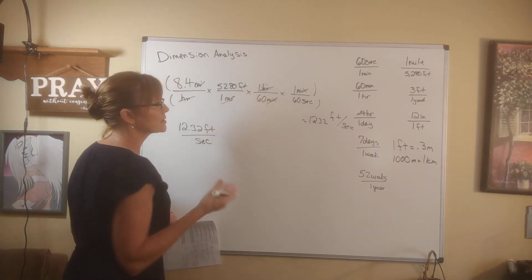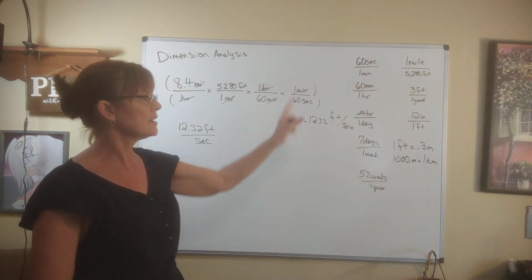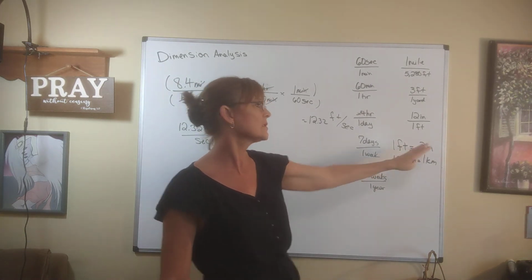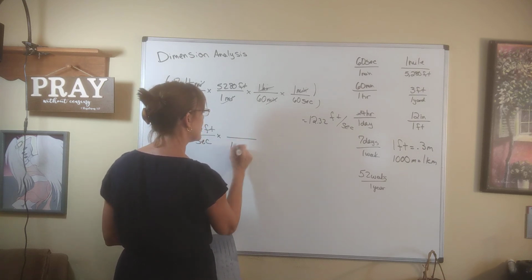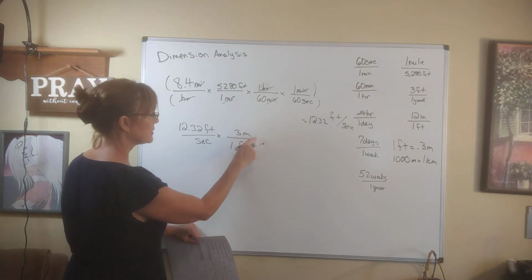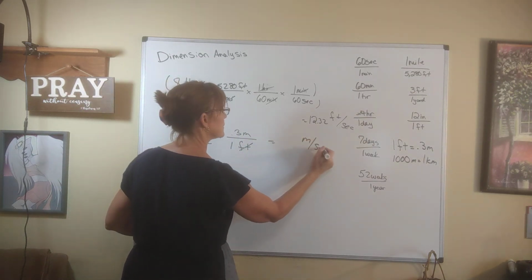If I need to change this to meters per second, I don't need to change the second. I just need to change the feet into meters. And look at this. That's pretty easy. I have that one right there. Let's just do that. I'm going to put the feet in the denominator so that it gets knocked out, and I want to change it to meters times 0.3 meters. The feet will go away, and I'm left with meters per second.